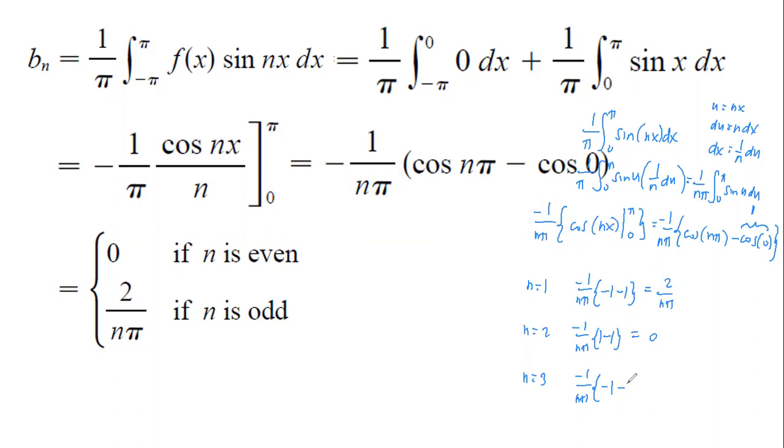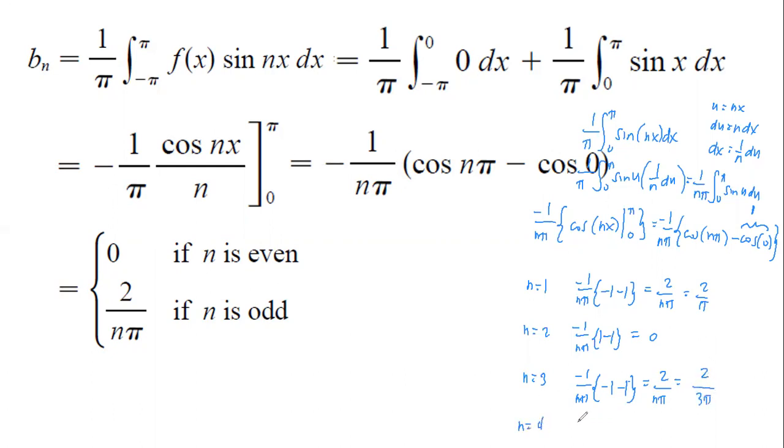Okay, so then minus cosine 0, which is minus 1. So if n is equal to 1, this is 2 over pi, then negative 2, or 2 over n pi. So if n is equal to 3, this will give us 2 over 3 pi, no?